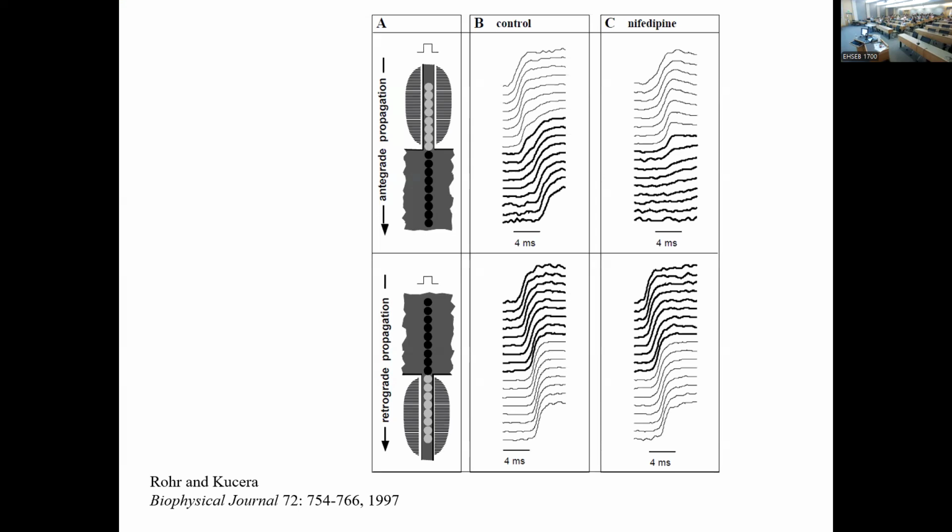But when you give nifedipine, which is a calcium channel blocker, conduction fails. And it fails exactly at the transition region, just like the simulation, exactly the same. When you do it in the reverse, where the load is decreasing rather than increasing, nifedipine has no effect because there is no delay. So there is no dependence. It's all sodium current. Okay? This corresponds one-to-one with the simulation.